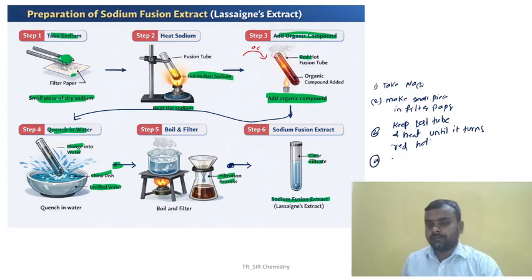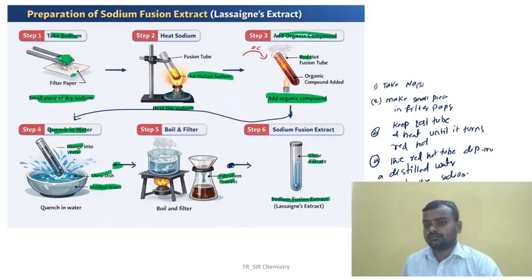Fourth point: this red hot test tube, dip into the distilled water. Then fifth point: take this again and slightly boil it.